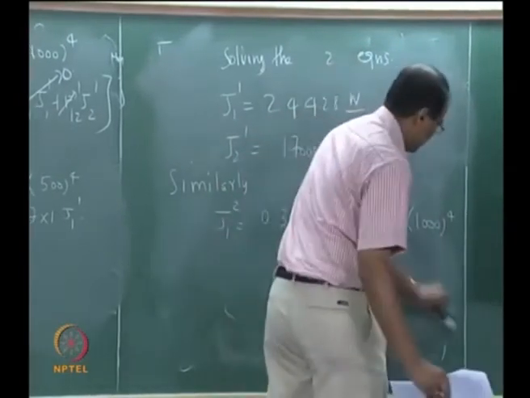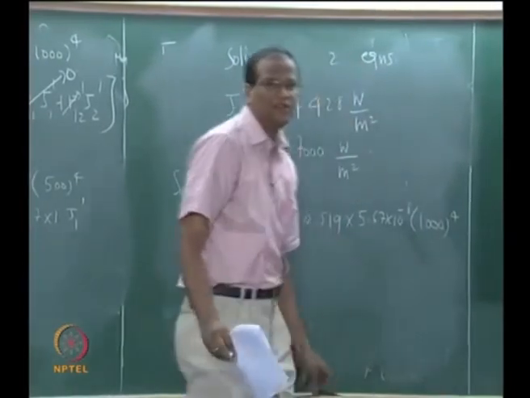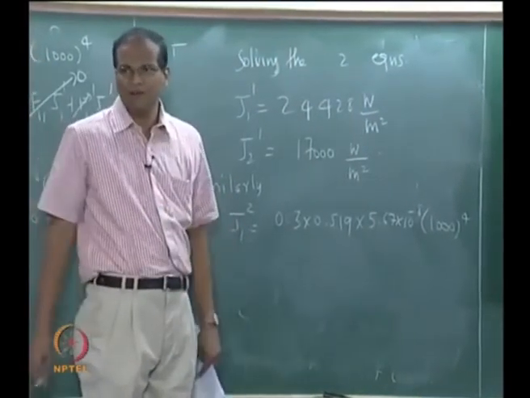see, you had a simple system. Suppose you had 3 surfaces and you had self view factors, it will be very messy.